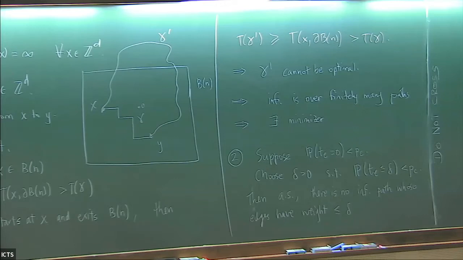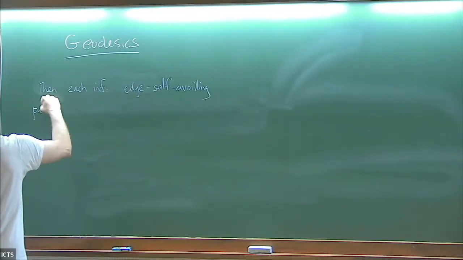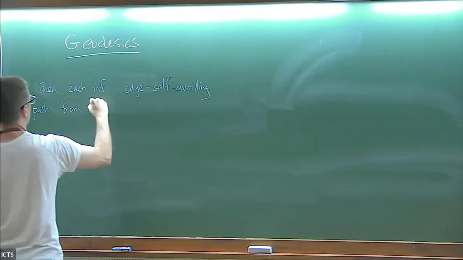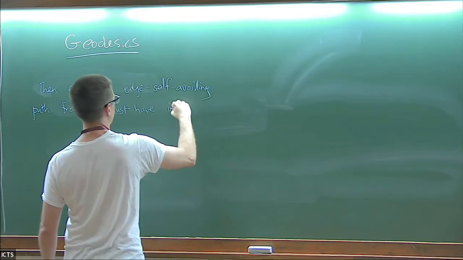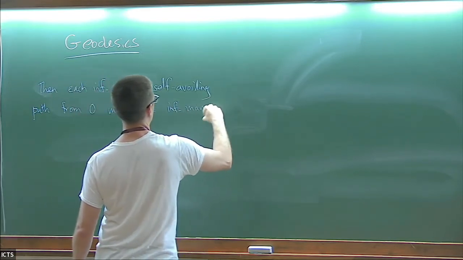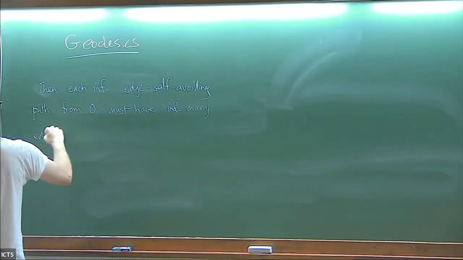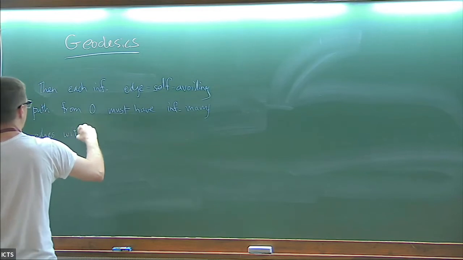Okay, so the claim from this is that each infinite self-avoiding path from 0 must have infinitely many edges with weight bigger than delta.